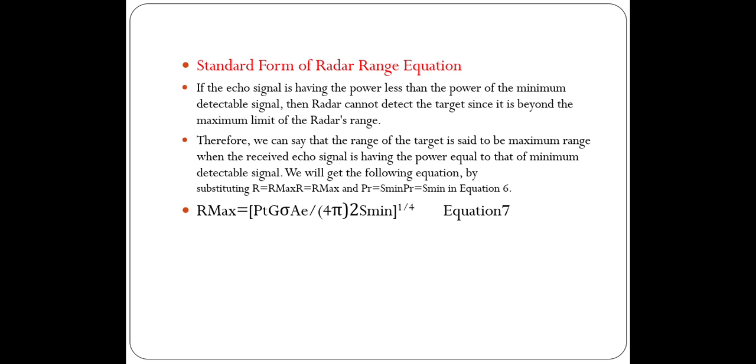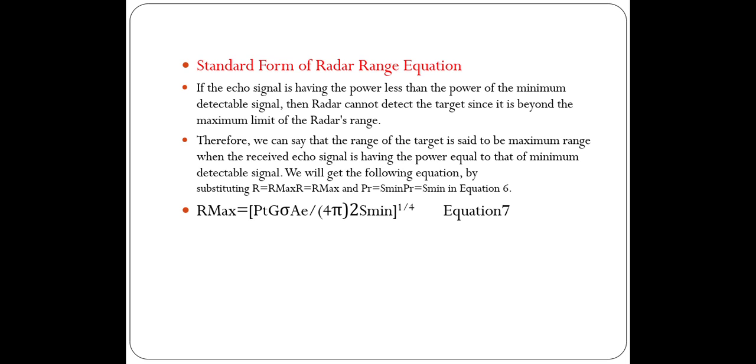We will get the following equation by substituting R equal to R max and PR equal to S minimum in equation number 6, and finally we will get, after simplification, equation number 7, which is nothing but the radar range equation, the standard form of radar range equation.